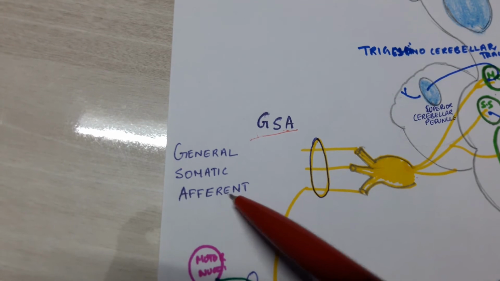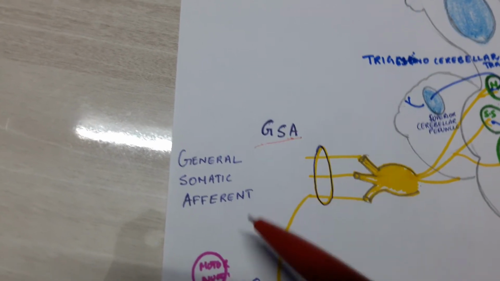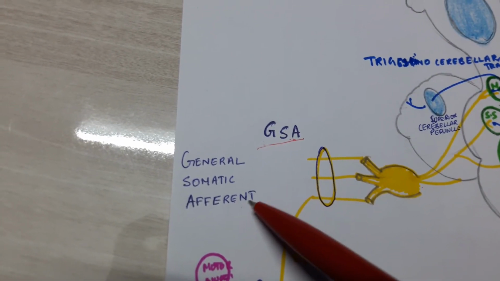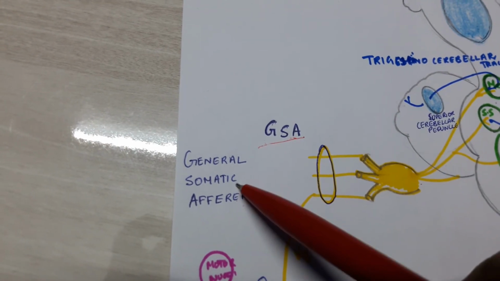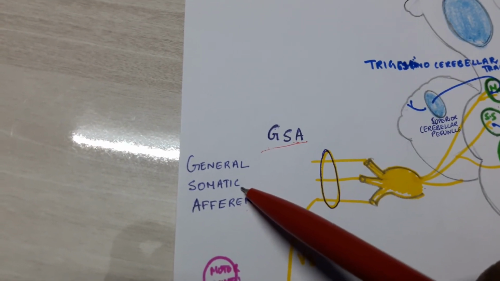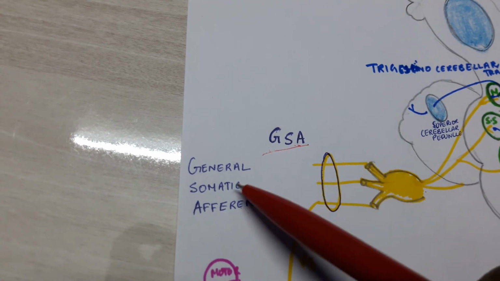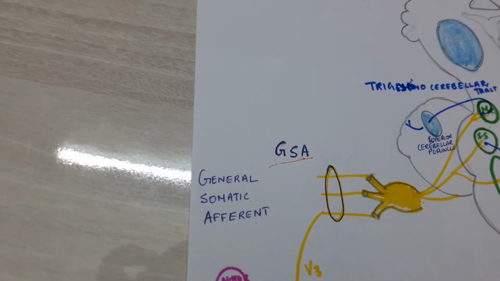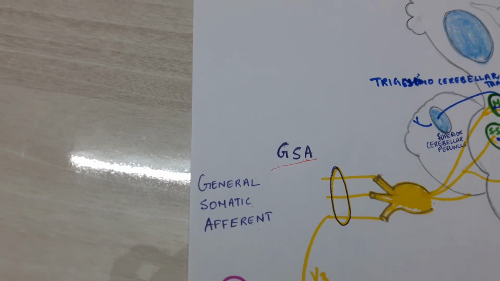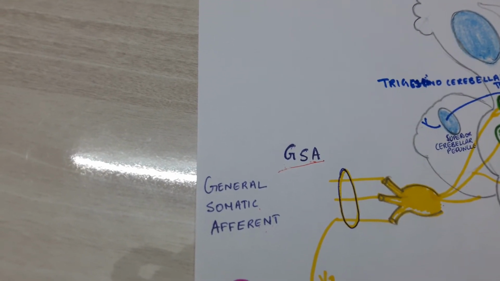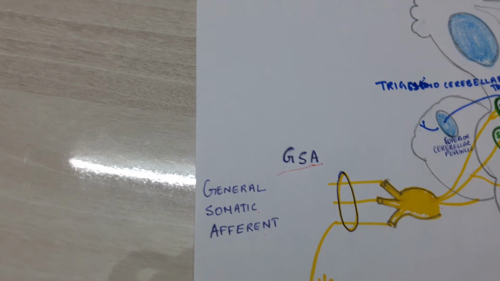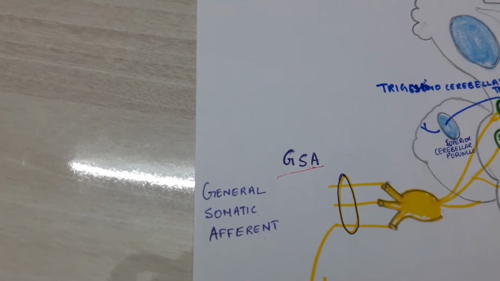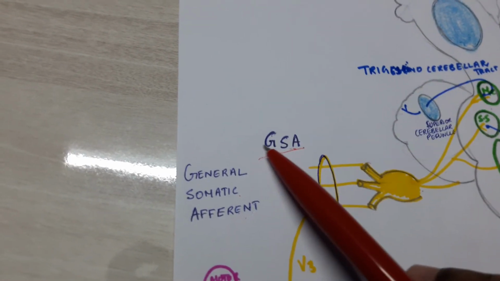Afferent means from the body to the brain, so that is sensory. Somatic means general body part apart from the branchial arch, what comes from somites. And general sensation. Well, the maxillary nerve will supply only general sensation, right? Pain, temperature, etc. We don't consider any special sensation like taste or smell. That's not there. So it is GSA.